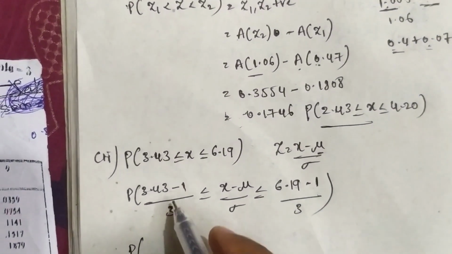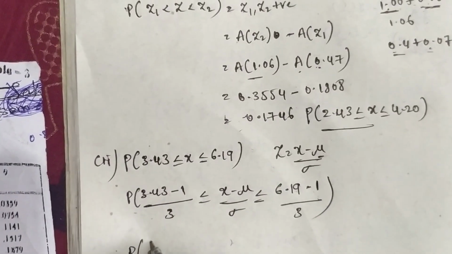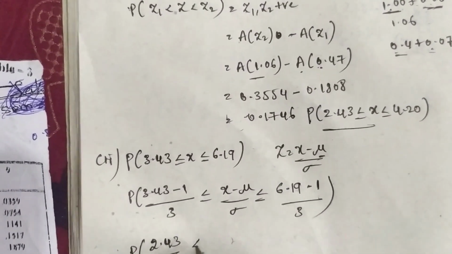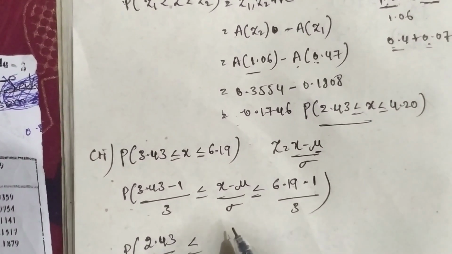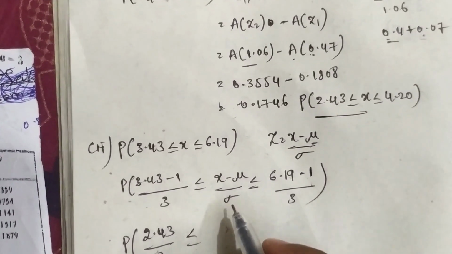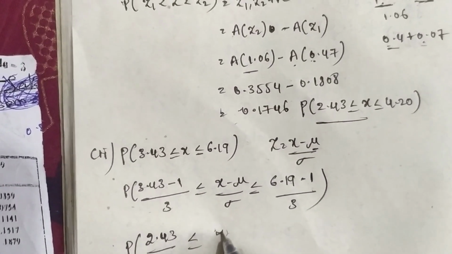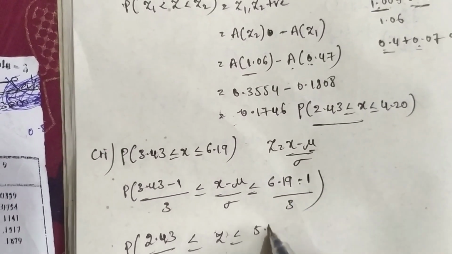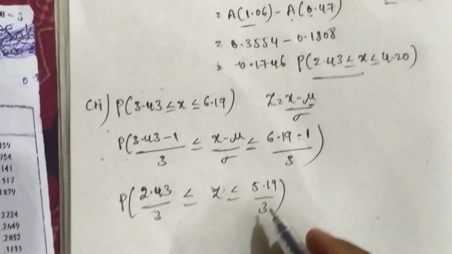By subtracting 1 from 3.43, we get 2.43 by 3 less than or equal to z less than or equal to 6.19 minus 1, which is 5.19, by 3.